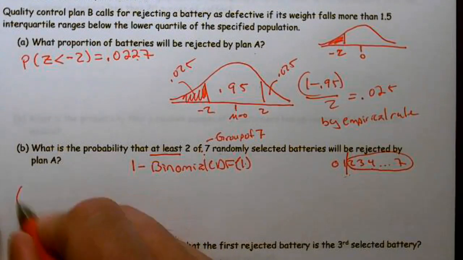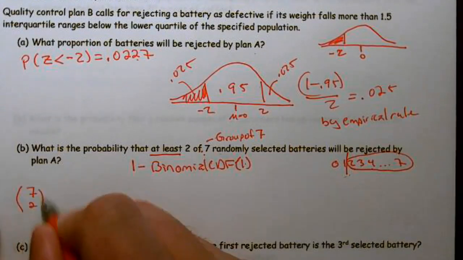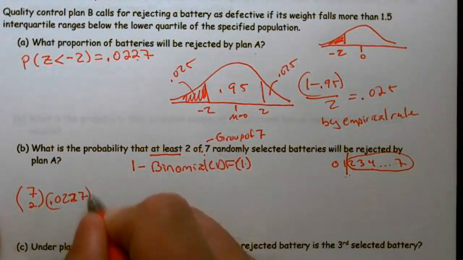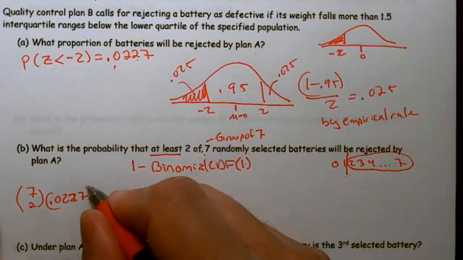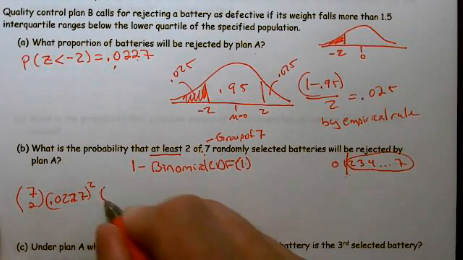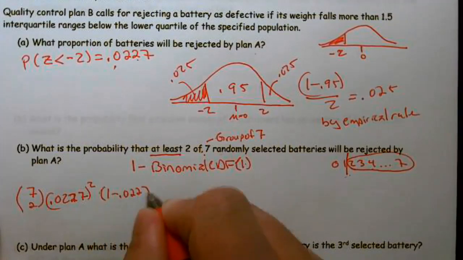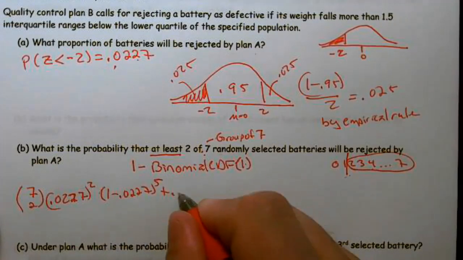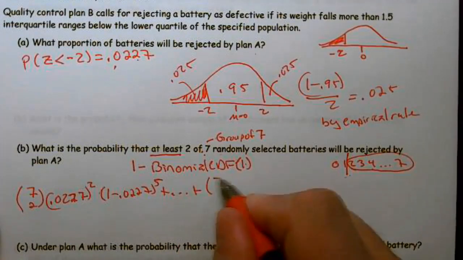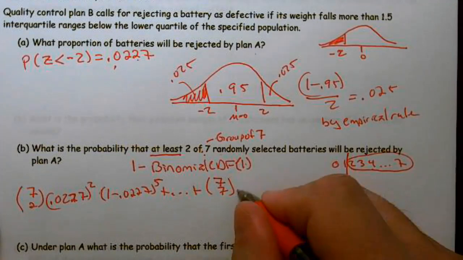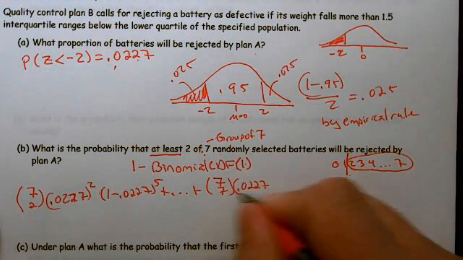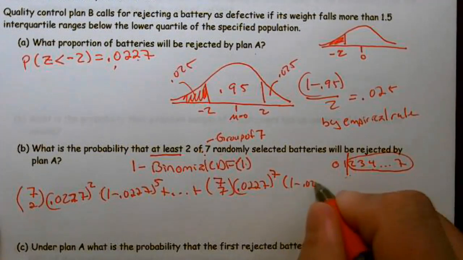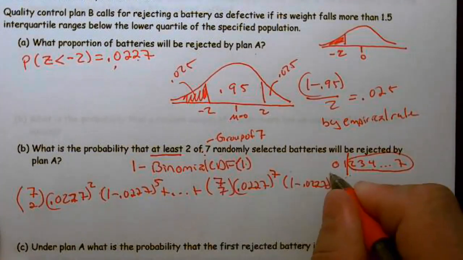So in this case it's going to be 7 choose 2, times 0.0227, which I got from part A, 0.0227 squared, times 1 minus that, to the power of 7 minus 2, which is 5, plus, and so on, plus 7 choose 7, times 0.0227 to the 7th power, times 1 minus 0.0227, to the power of 7 minus 7, which is 0.